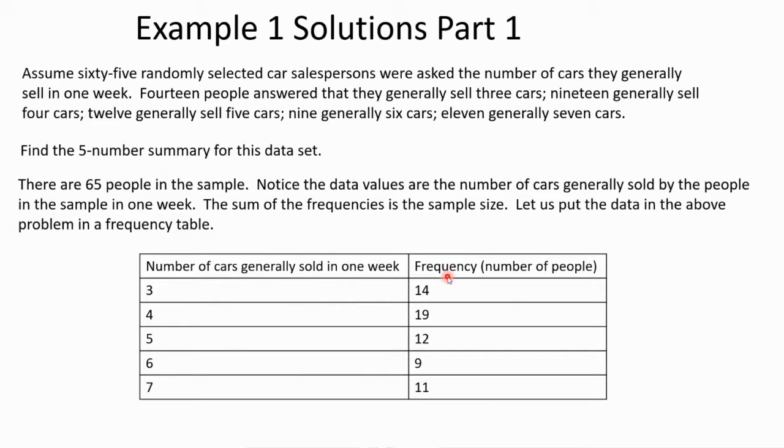So the number of cars sold in 1 week generally is our data, and the frequency is how many people sell each number of cars generally in a week. We're going to get a 5-number summary for this data.